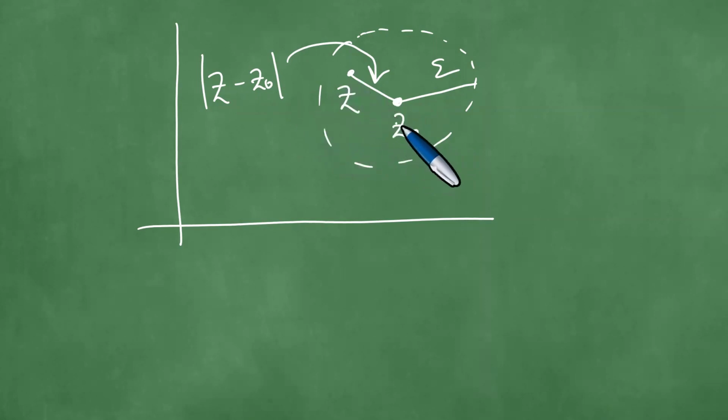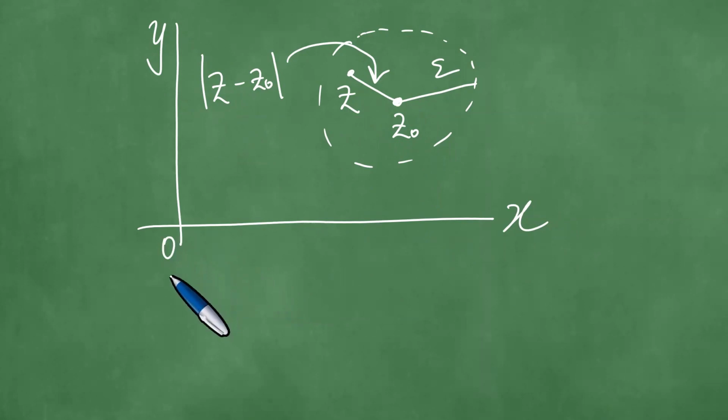We find that distance using the modulus symbol, and we are able to see that the distance between Z0 and some Z is strictly less than epsilon. And obviously this describes what we call the neighborhood.